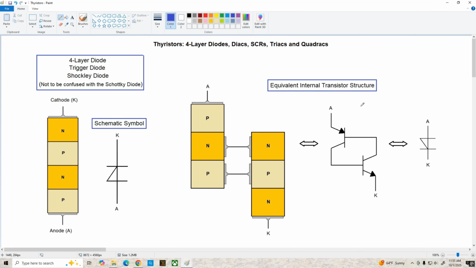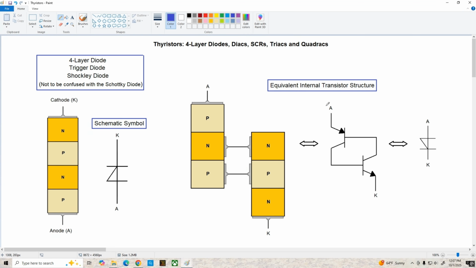Now, just like a regular diode, the 4-layer diode is designed to carry current in one direction, that is down through the device from anode to cathode. And since neither of the bases of these transistors is connected to an external voltage or current source, both transistors are in cutoff, and the 4-layer diode is a normally off device.